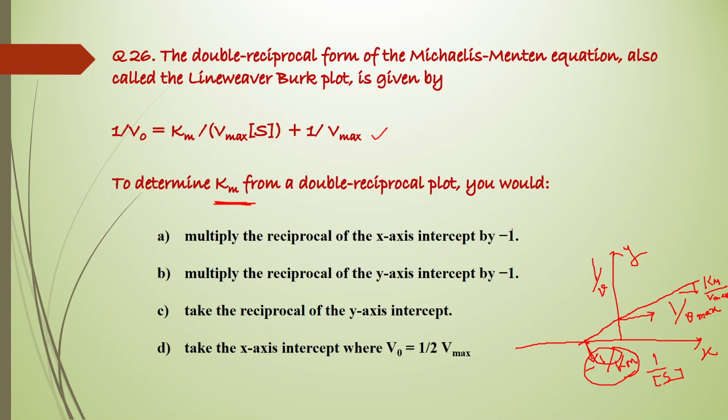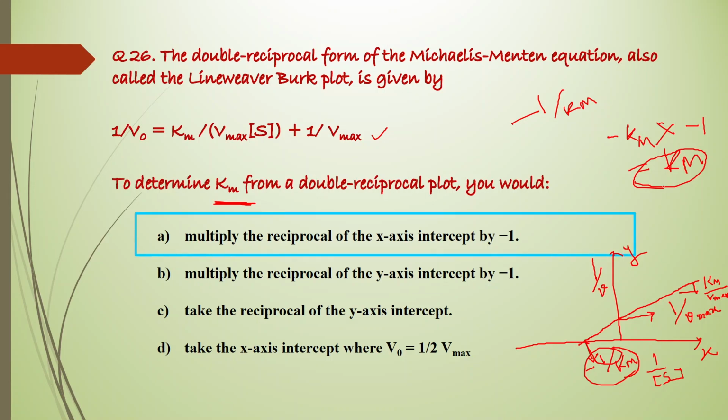Now they are saying in the first option to multiply the reciprocal of the x-axis intercept. So the reciprocal will be minus Km, because the intercept is -1 by Km, and then you multiply it by -1. So that will give you the value for Km. Exactly, we can get the value for Km this way.